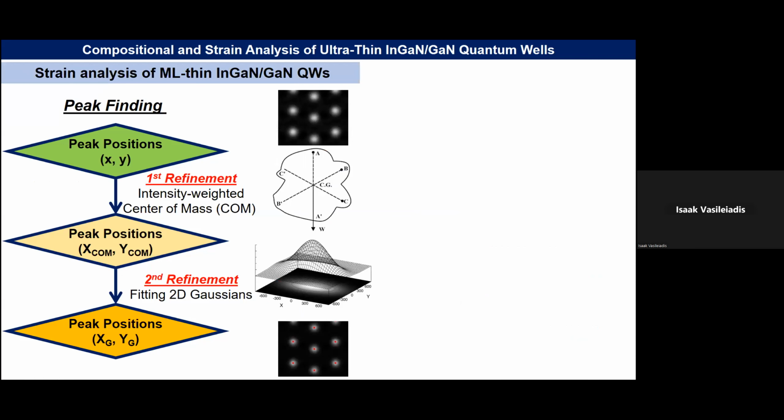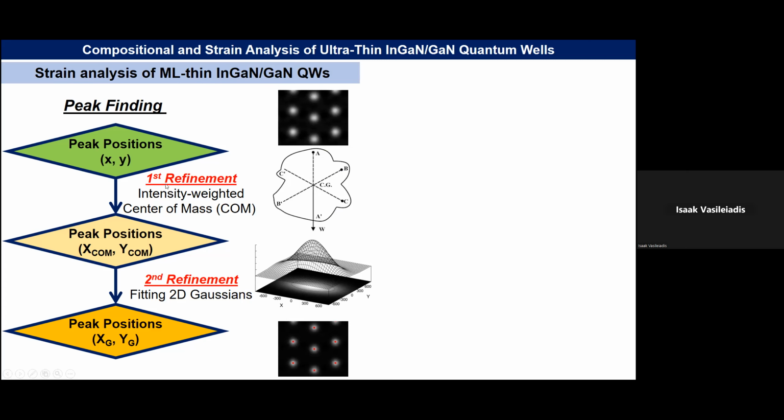Professor Dimitrakopoulos gave us the initial stages of peak finding, what peak finding is and how you can employ it. And now I will show you the steps of this methodology. First of all, we have images like this, and we want to assign the center of the peaks, the centers of these bright spots. First of all, the initial positions of the bright spots are determined directly in a very common way.